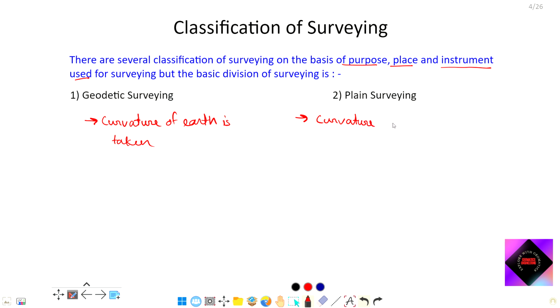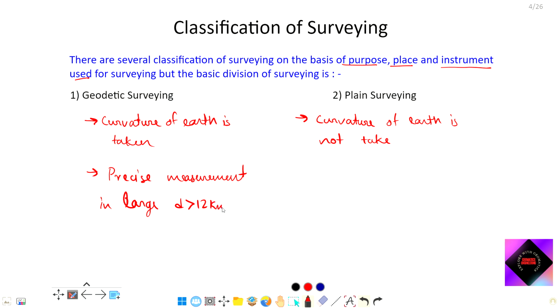Next, geodetic surveying is done for precise measurement in large areas, or we can say distances greater than 12 kilometers, and plane surveying is done for measurement in small areas. So this is the basic difference between geodetic and plane surveying.